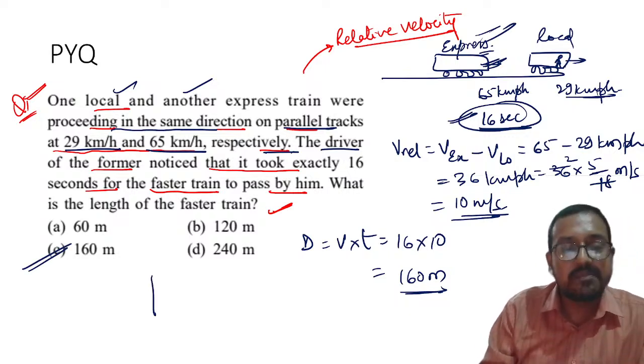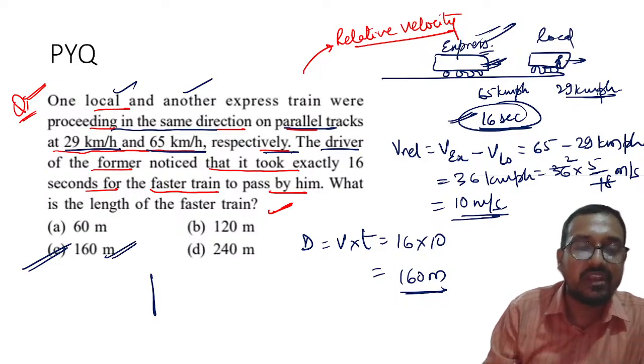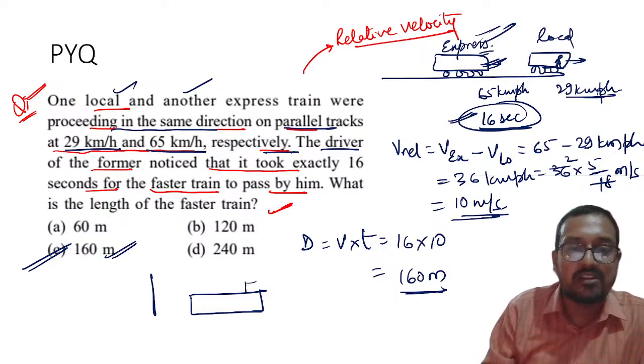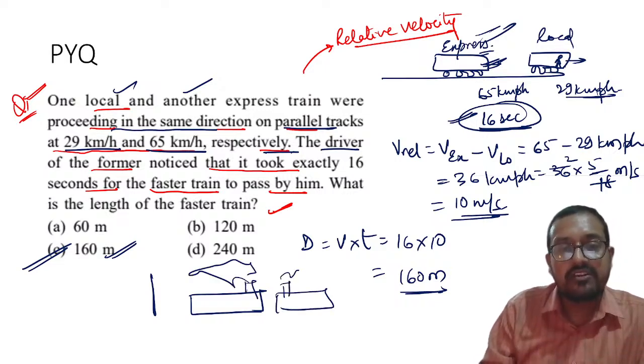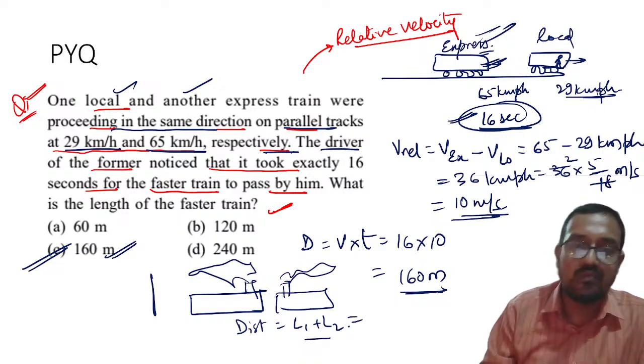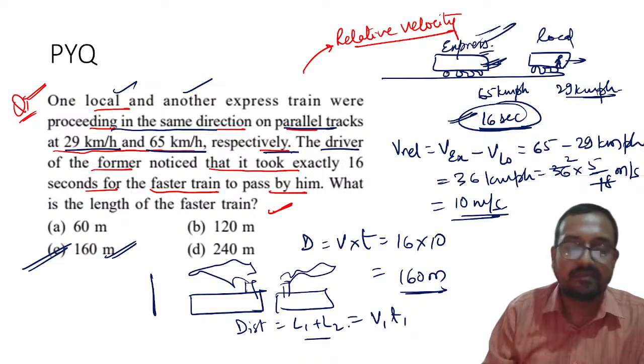So please remember, if any train is passing a point object, the distance will be the length of the train. If a train is passing a platform or is passing another train, in that case, distance traveled is equal to L1 plus L2, and that will be equal to V1 T, T will be the same obviously, plus V2 T. Clear?